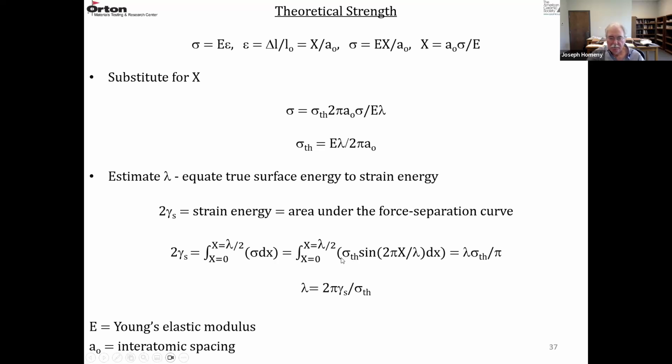So from x equals 0 to x equals lambda over 2, sigma theoretical times the sine of 2 pi x divided by lambda dx, and that integrates to just lambda times the theoretical strength divided by pi. Solving for lambda, it's 2 pi gamma S over the theoretical strength. So we can put that back into this equation.